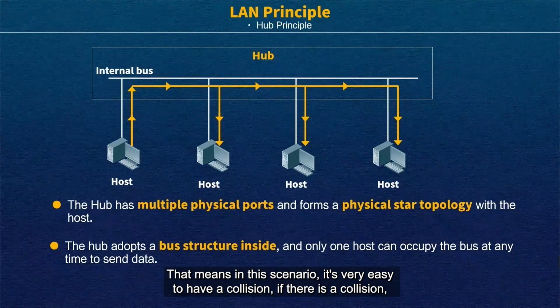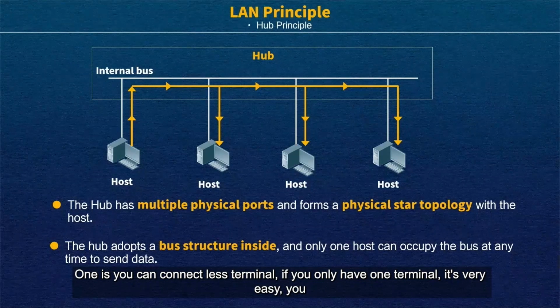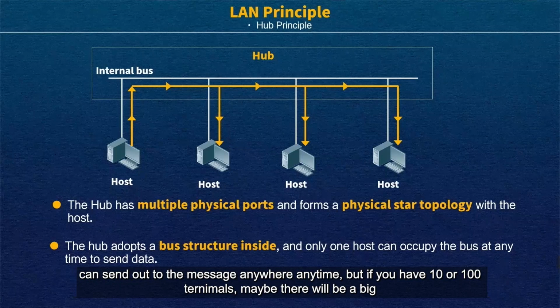If there is a collision, the message cannot be sent out successfully. So we also need some solution to reduce the collision. One is you only connect fewer terminals. If you only have one terminal, it's very easy. You can send out the message anywhere, anytime. But if you have 10 or 100, maybe there will be a big collision.